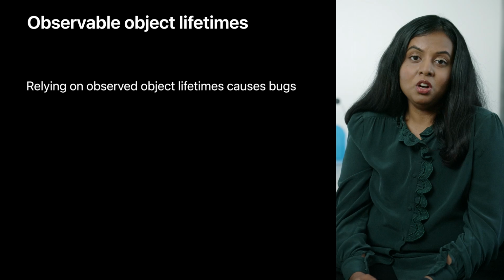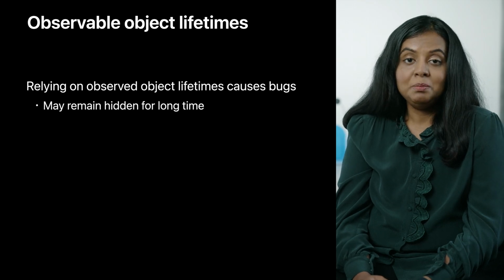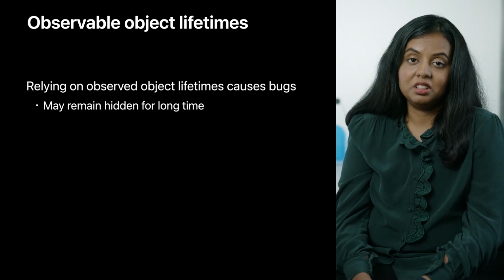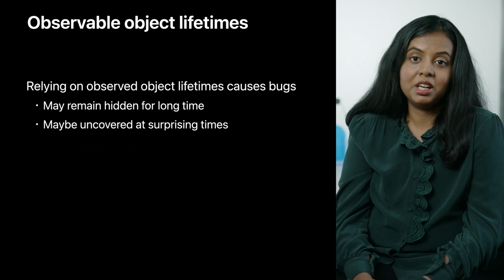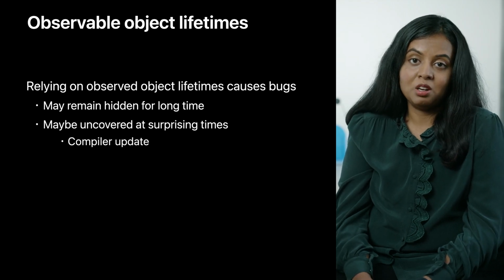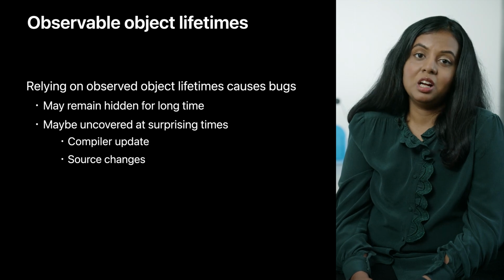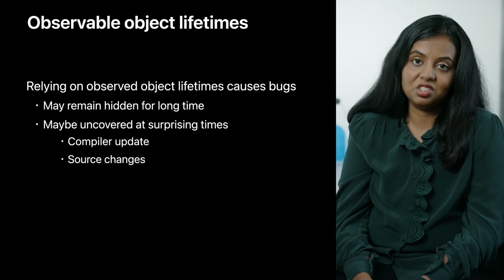Because relying on observed object lifetimes may work today, but it is only a coincidence. Observed object lifetimes are an emergent property of the Swift compiler and can change as implementation details change. Such bugs may not be discovered during development and may remain hidden for a long time, only to be uncovered by a compiler update with improved ARC optimizations or unrelated source changes that enable a previously limited ARC optimization.